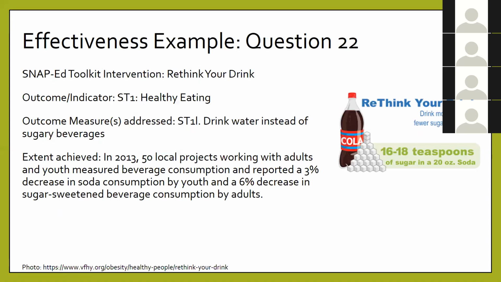And we can then use the interactive framework and interpretive guide to learn more about the outcome measures associated with the ST1 indicator, one of which is ST1L, or drink water instead of sugary beverages. So the next piece of question 22 asks about the extent achieved, which is where evidence showing decreased consumption of sugary beverages is included.